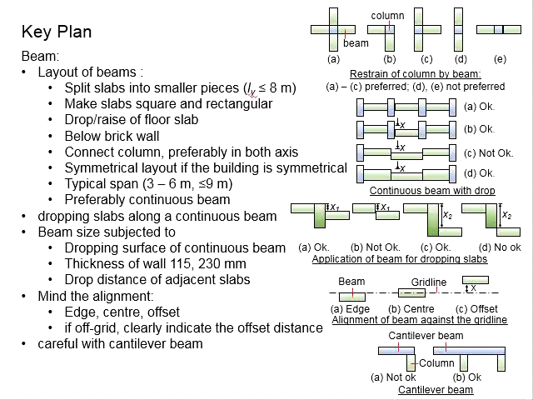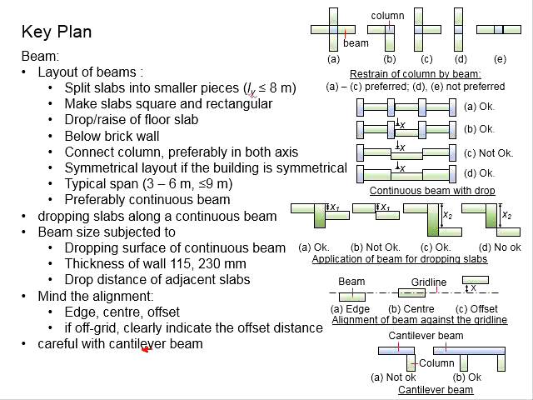They need to know the exact locations of the beam for them to be able to construct the building accurately. In the case that your beam is at an offset distance from the grid line, you will need to indicate the distance from the grid line so that the contractors are able to locate the exact positions of the beam, as stated in the statement here.